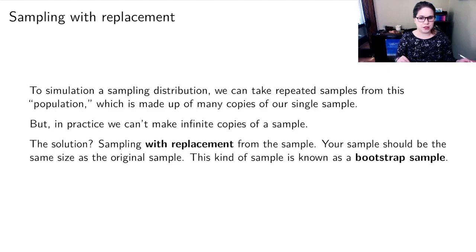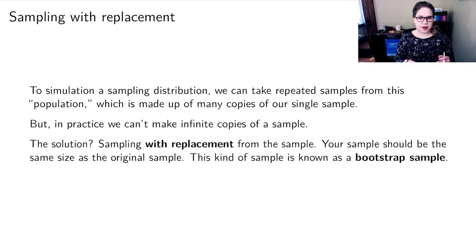So our solution is to sample with replacement from the original sample. That means you draw out an M&M and record, is it blue or not blue? And then put it back and stir it around again. I could get unlucky and pull the same M&M every time, but probably I'm going to draw some different random ones. But I'm doing the sampling with replacement, so I put the M&M back in the pile.